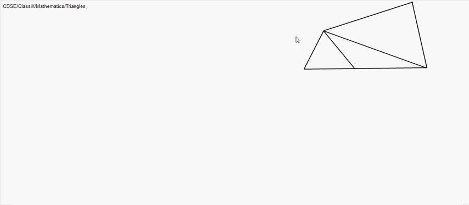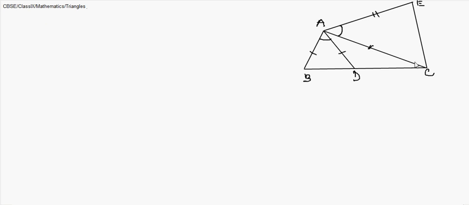It says this one is named ABD, this is C, and this is E. It says AC is equal to AE, this is informed. It also says AB is equal to AD. Angle BAD is equal to angle EAC. We have to prove BC equal to DE.